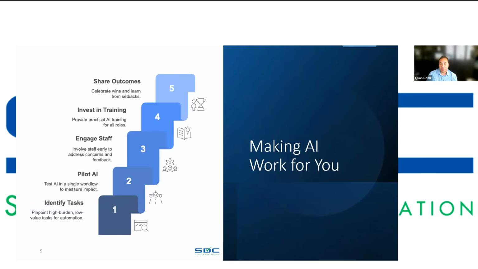So one, we'll need to identify a high burden, low value task that we can automate, right? One of the things we want to do is not implement AI across the board, but pilot this in a single workflow. That way we have something that's measurable, right? So something like using NLP to scan images and come up with an outcome.